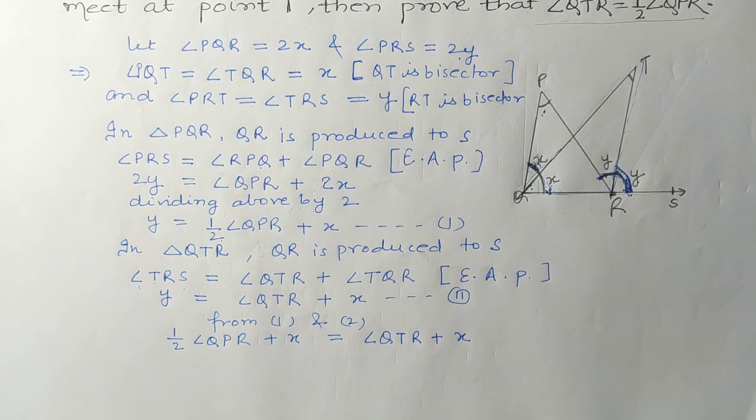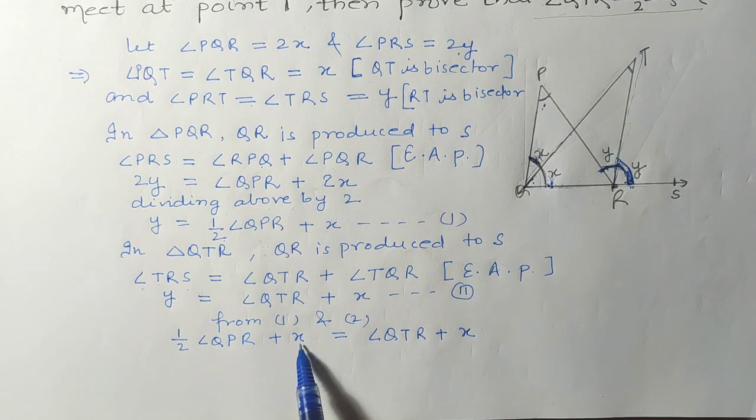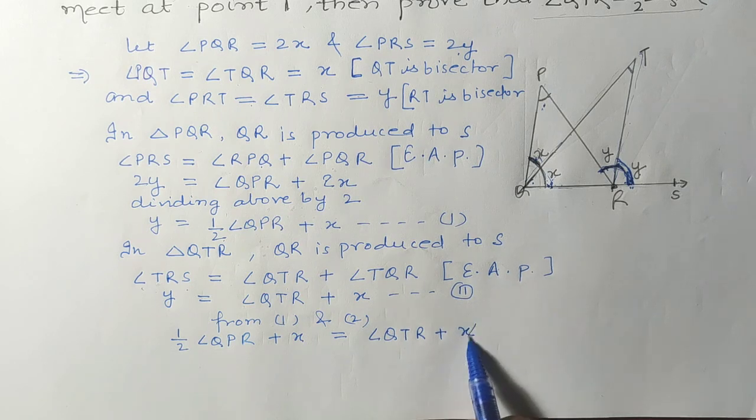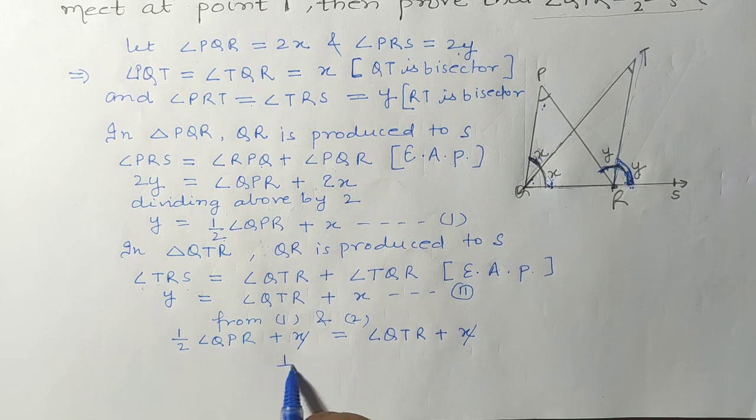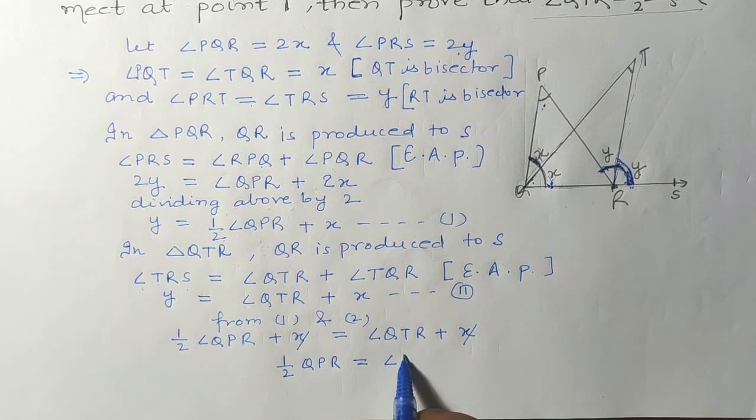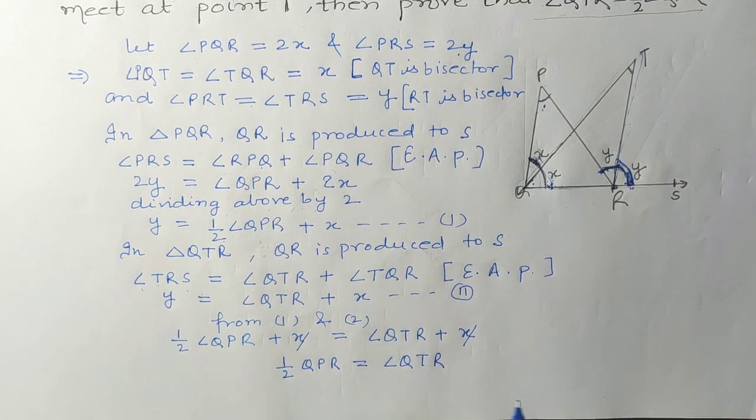Here x is with a positive sign on both sides, so these will be cancelled out. What is left? Half of angle QPR is equal to angle QTR.